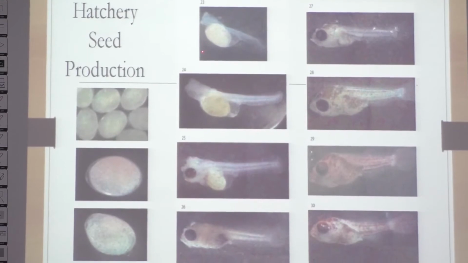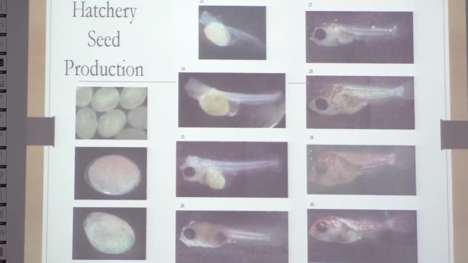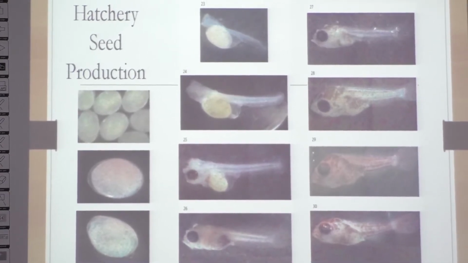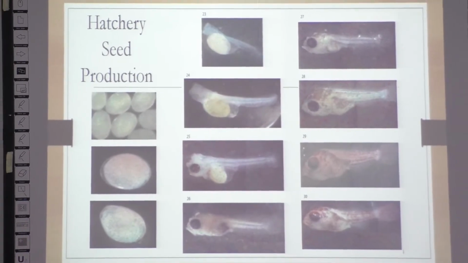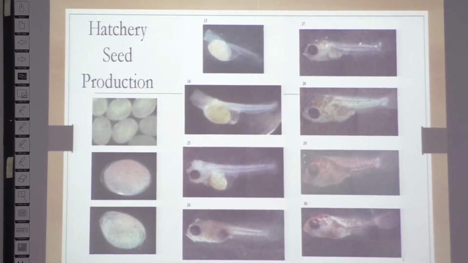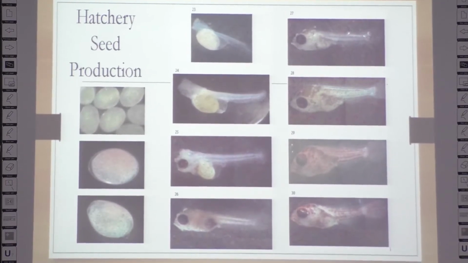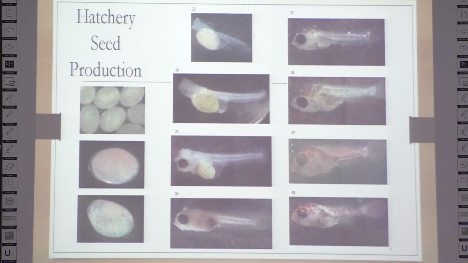So you could see here this yolk is gradually utilized, and at one particular point it is completely exhausted, and as a result the endogenous food available inside the larva is exhausted, and then in the next stage it has to feed. Till this endogenous feeding stage, the mouth is not open. Only when the yolk gets exhausted, the mouth of the larva opens, and it depends upon the external feed, which stage is called exogenous feeding.